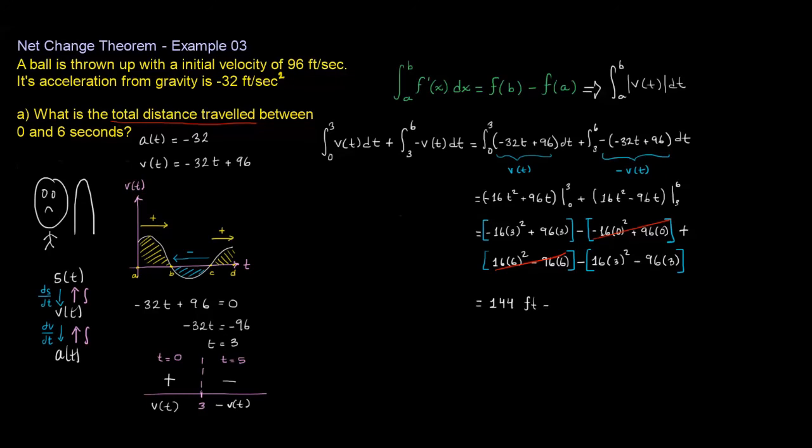The solution for the last one is the same as the first one but with a negative sign, so the signs are inverted, negative 144 feet. So we have 144 plus 144, and at the end we have 288 feet, and this represents the total distance traveled.